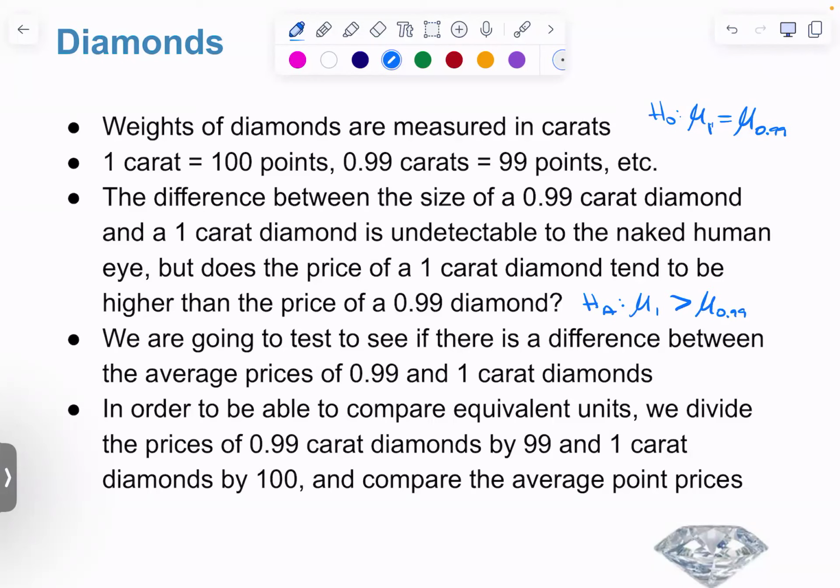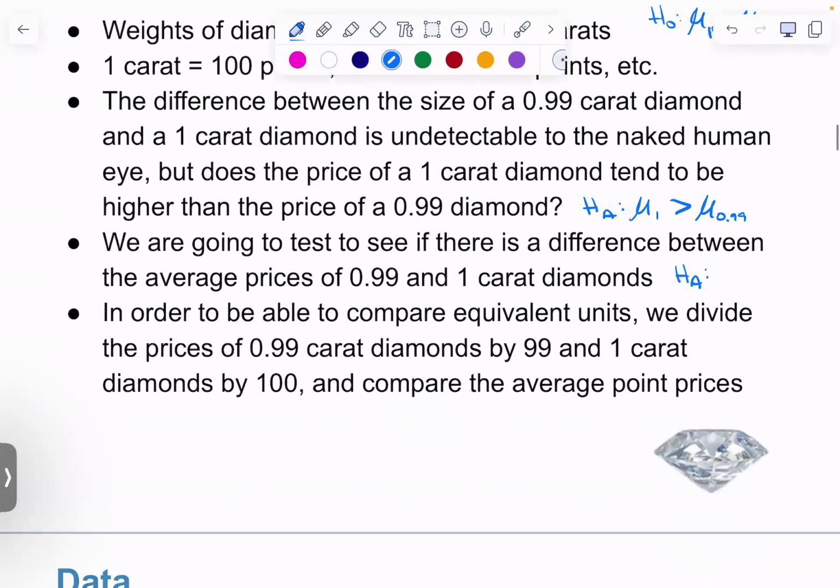Versus the next point says this. We're going to test to see if there's a difference between the average prices of 0.99 and 1 carat diamonds, kind of contradicting this, because then what would the alternative hypothesis be here? My alternative hypothesis here would be that mu1 is not equal to mu of 0.99.